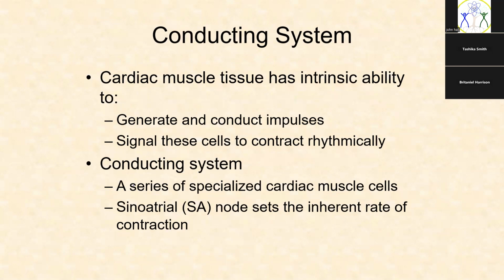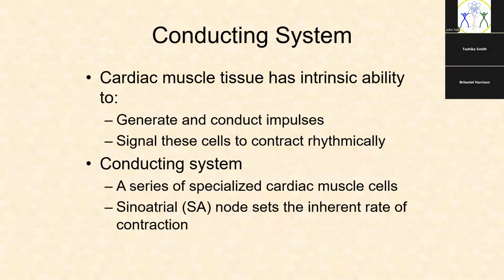So, remember I said to you, the two atria contract at the same time, then the valve is shut, and then they relax, and then the two ventricles contract at the same time. So there has to be a mechanism coordinating so that the atria contract at the same time and the ventricles do their thing at the right time. That is now looking at your conducting system.